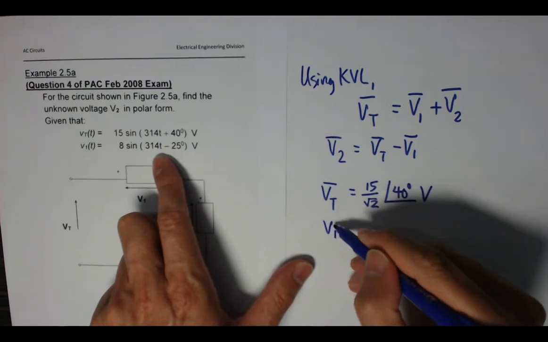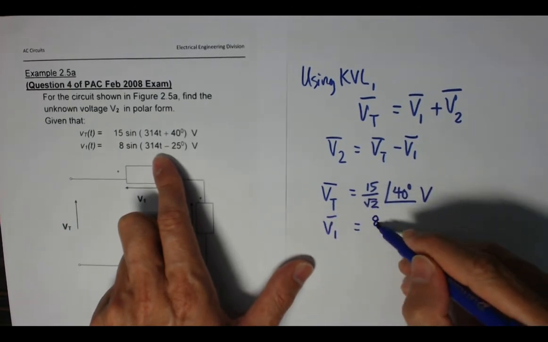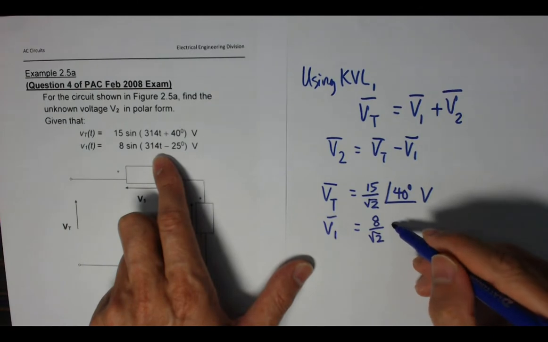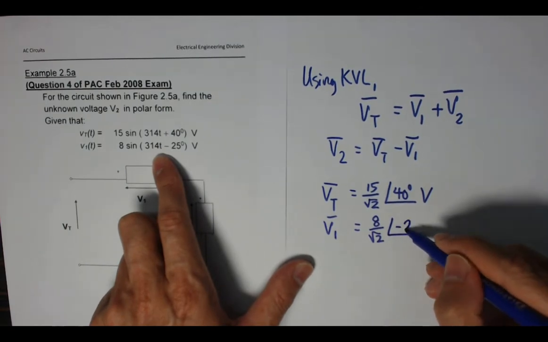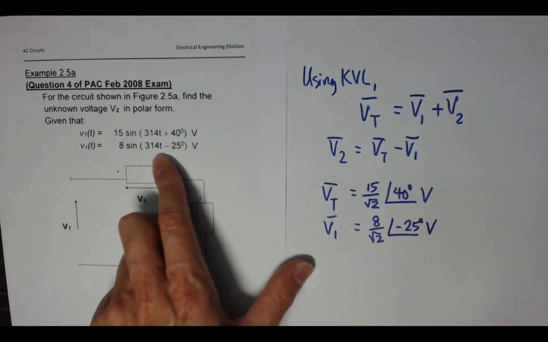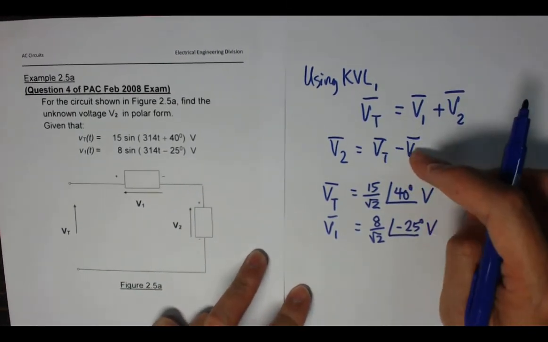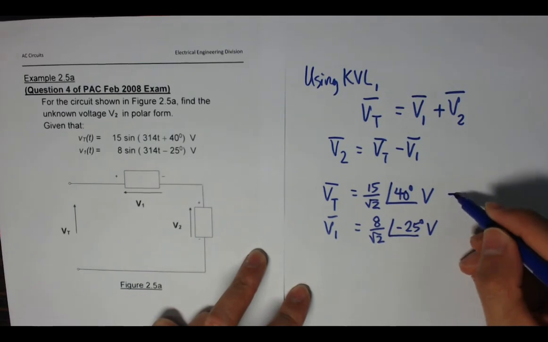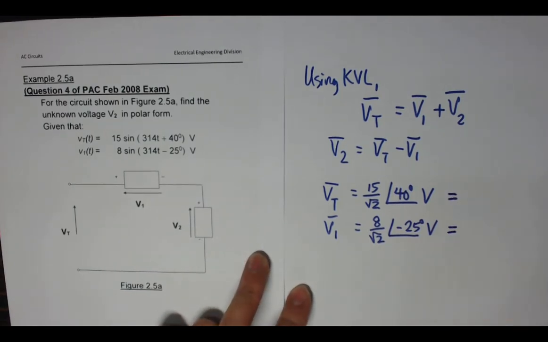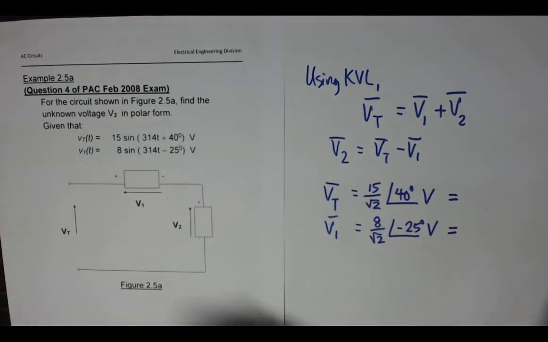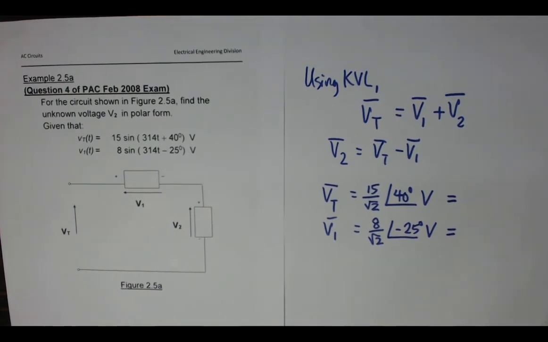Whereas V1 is 8 divided by root 2 at an angle of minus 25 degrees. So since V2 is Vt minus V1, we have to convert this to the rectangular form instead of the polar form. So for the rectangular form and polar form, let's do the conversion.